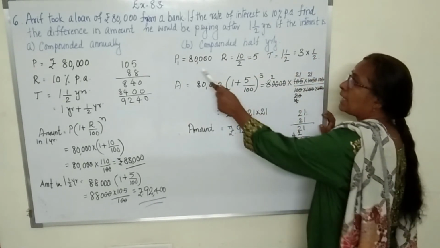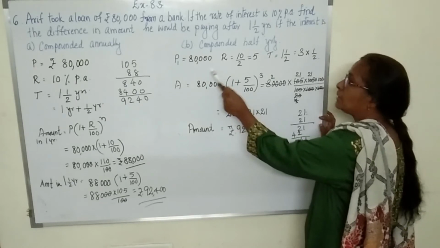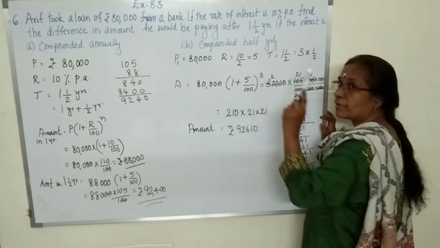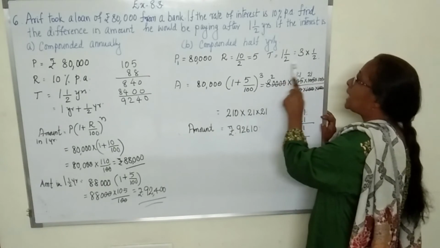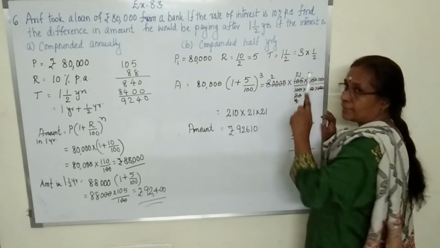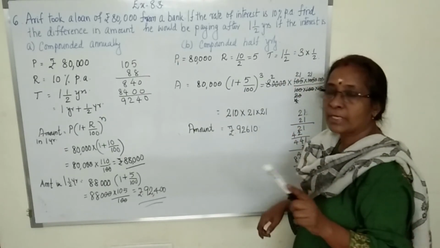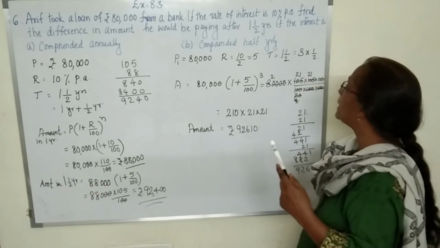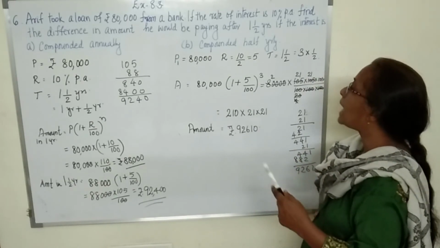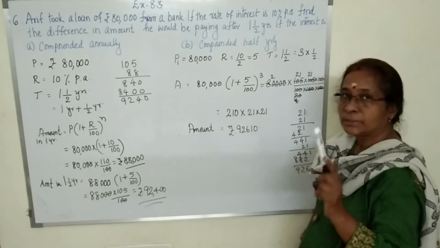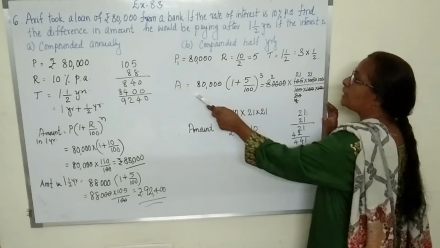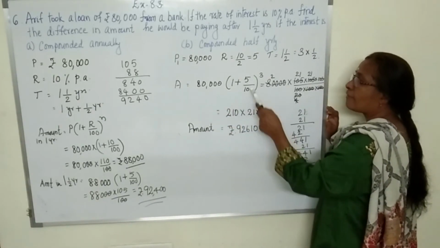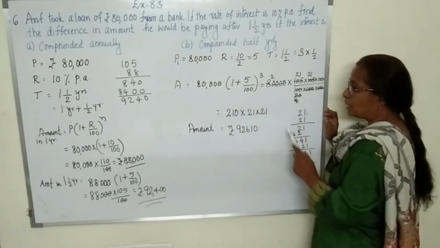Now the next part is compounded half yearly. Here P is 80,000, the rate of interest will become 5, and it will be for 3 terms. 1.5 years, if you calculate six monthly or compounded half yearly, how many terms will there be? 3 terms. So 80,000 into 1 plus 5 upon 100 whole raised to 3.